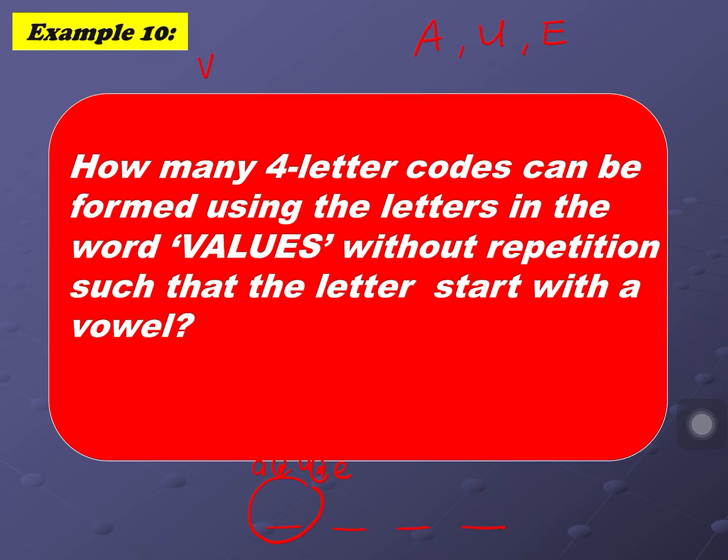So what's left? If we take one, when I write VALUES, if we take one E, for example, and put E here, how many letters are left? 1, 2, 3, 4, 5.